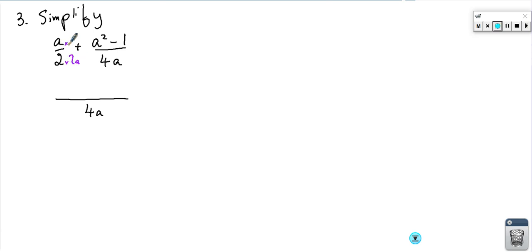So I have 2a squared plus, 4a into 4a goes 1, so that's times 1, a squared minus 1. This time I'm left with 3a squared minus 1 on 4a. And that is our final result.